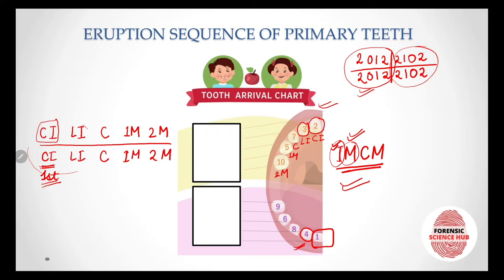Upper molar first. So 5 and then 6. Next tooth is going to be canine. So 7 and 8. And the last ones are going to be the second molars, but the lower jaw first. So 9 and 10. So this is how the teeth get erupted. You need to remember this formula, IMCM.